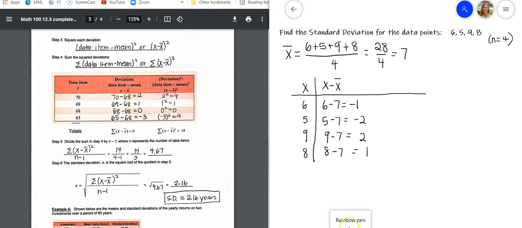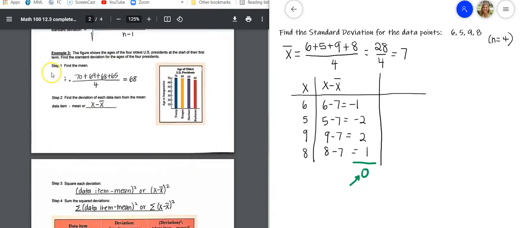What's nice at this step, if you just take a moment and add these deviations together, you should always get 0. If you don't get a 0 there, you need to go back and check your work. So that was step 2, finding the deviation of each data item from the mean.